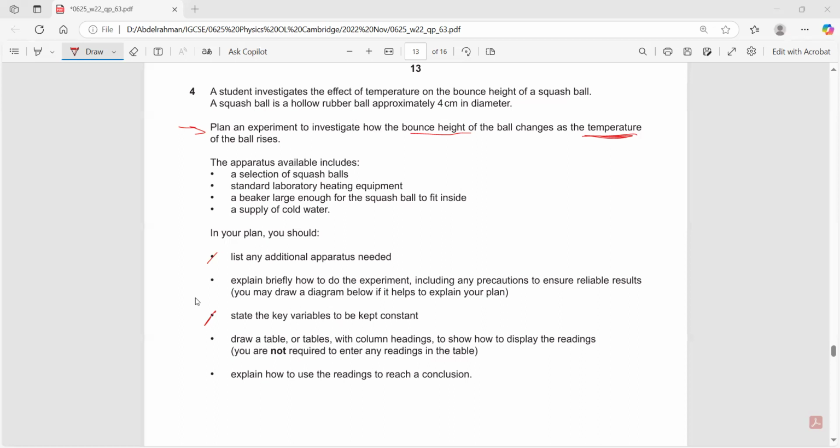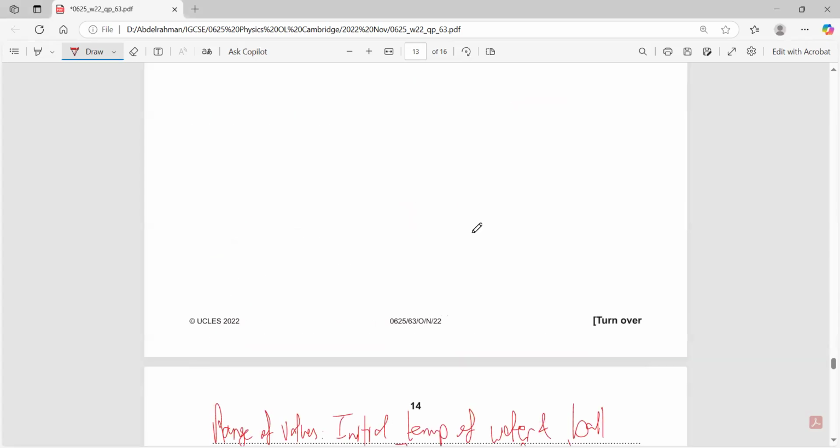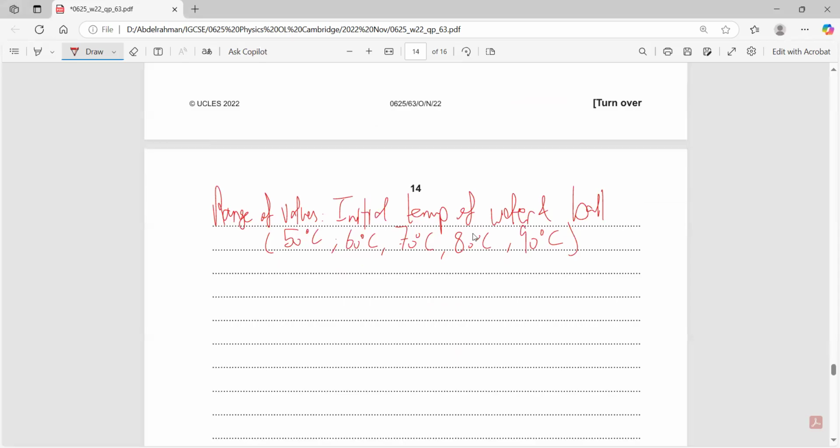I care about it actually reaching the needed temperature. So the height is the most important controlled variable. The height of the drop.